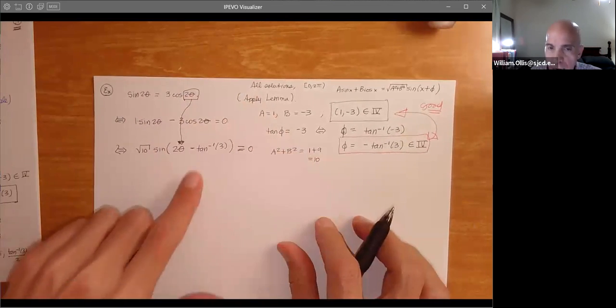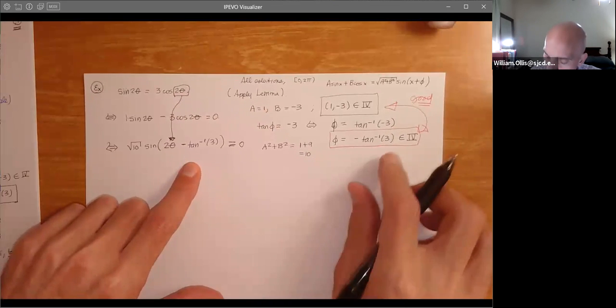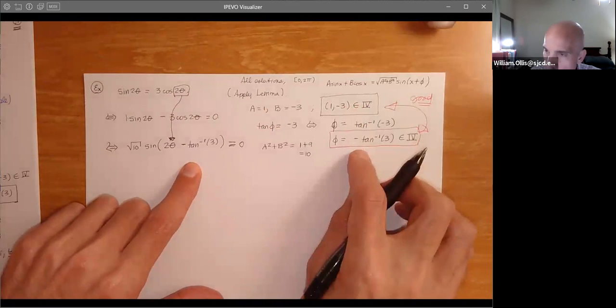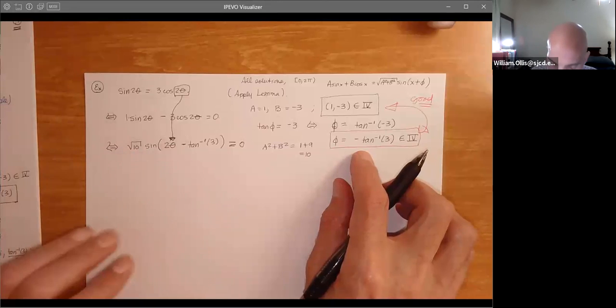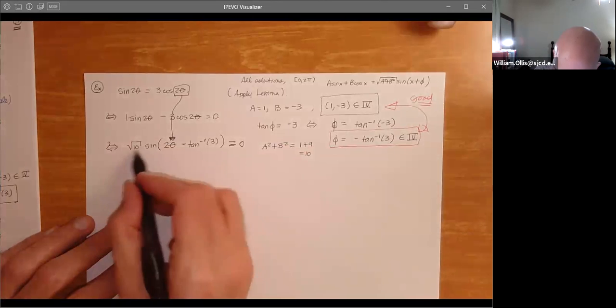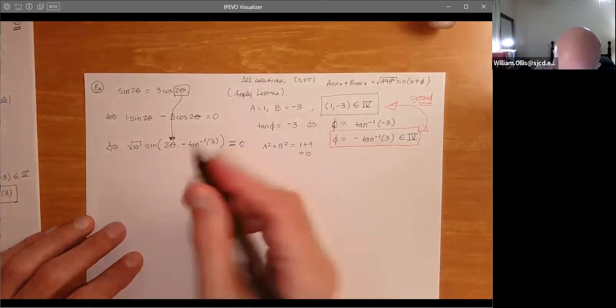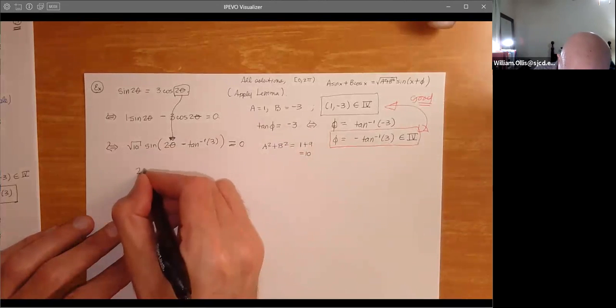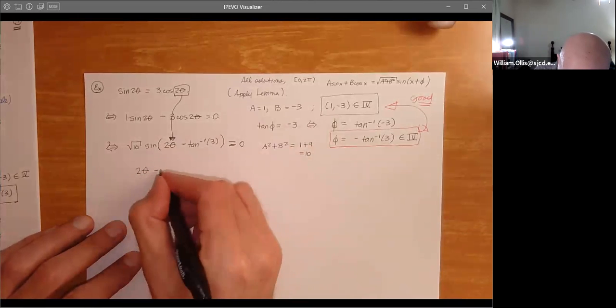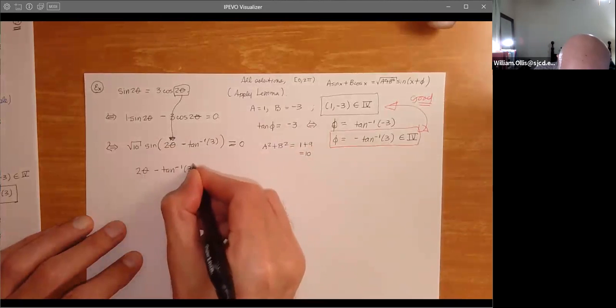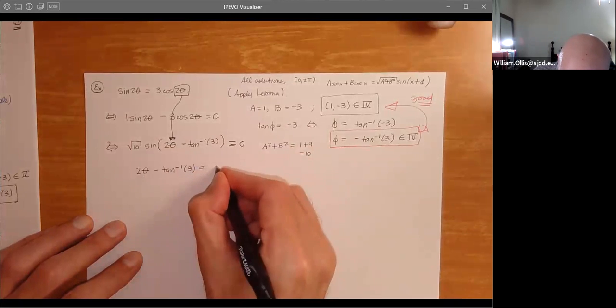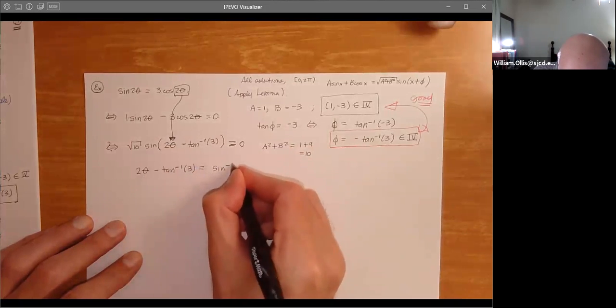So again, all we have to do is make sure that our point and our phi belong in the same quadrant, and we're good. So now, of course, we divide by root 10, that just goes away. So we have 2 theta minus inverse tangent of 3 equals inverse sine of 0.